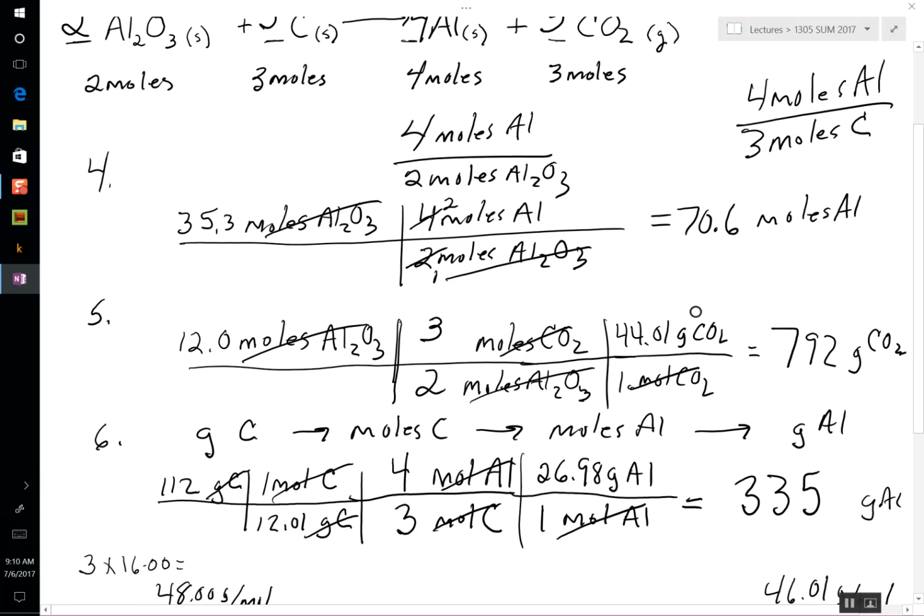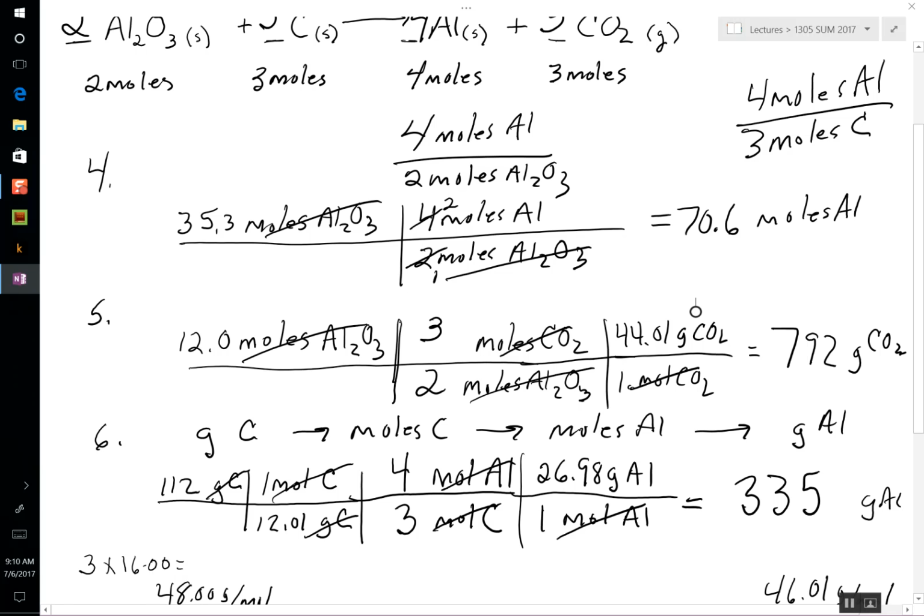What is this? This is 26.98 grams per 1 mole. That's the molar mass. That's what molar mass is. Grams per 1 mole. Only use this coefficient once.